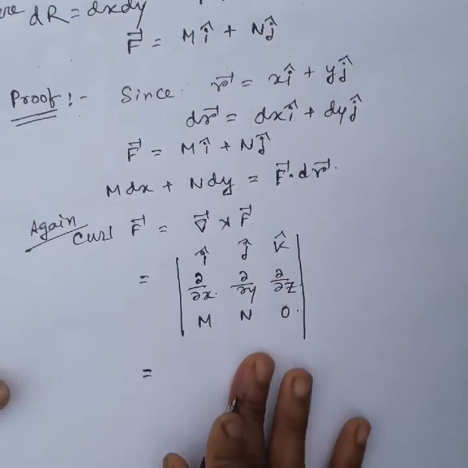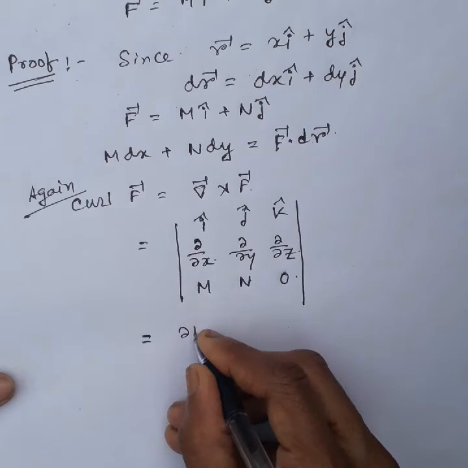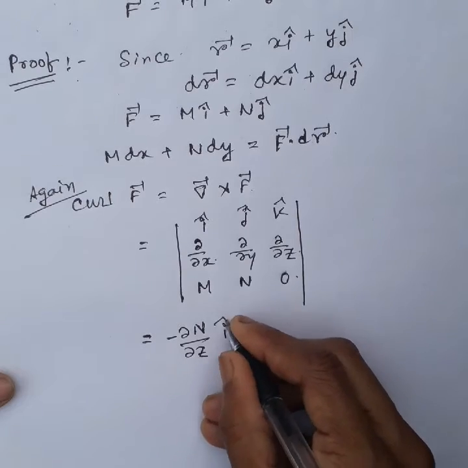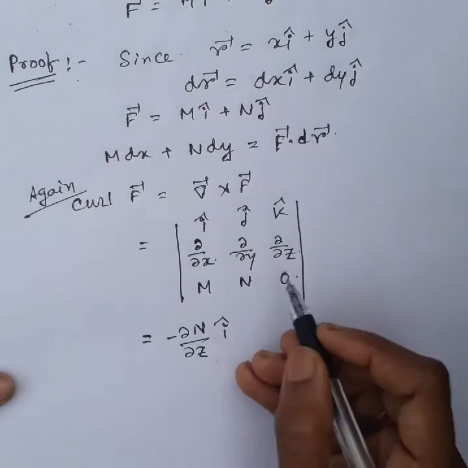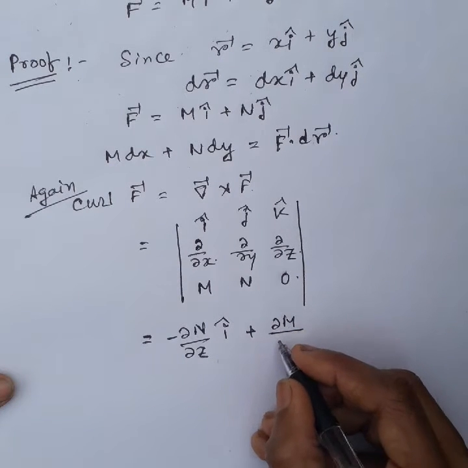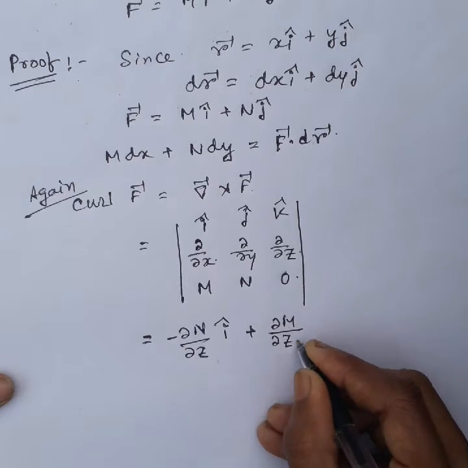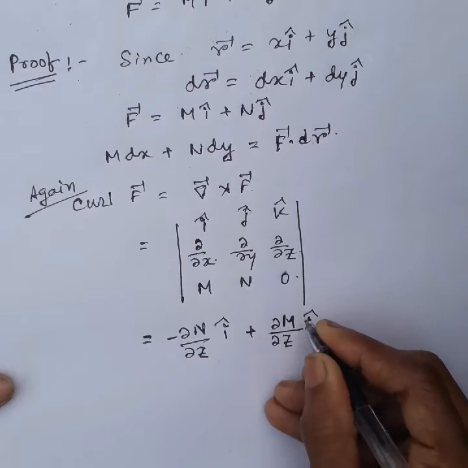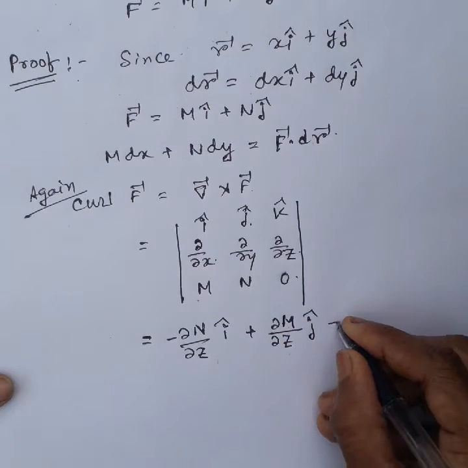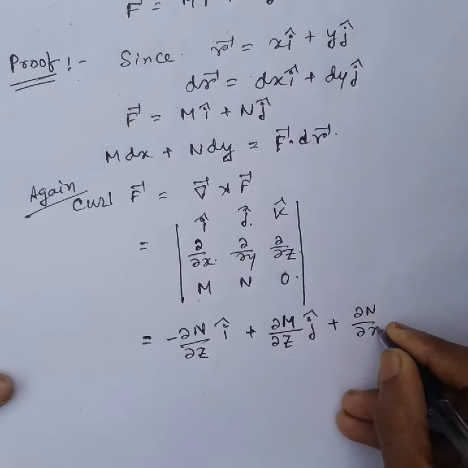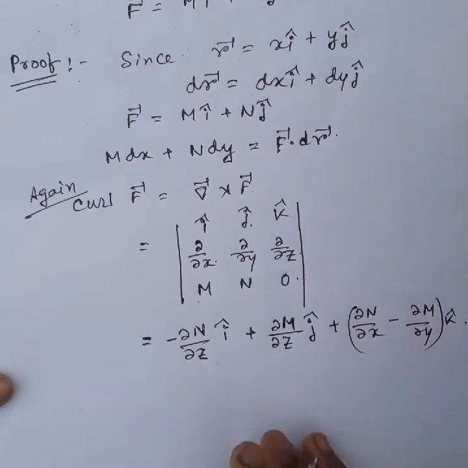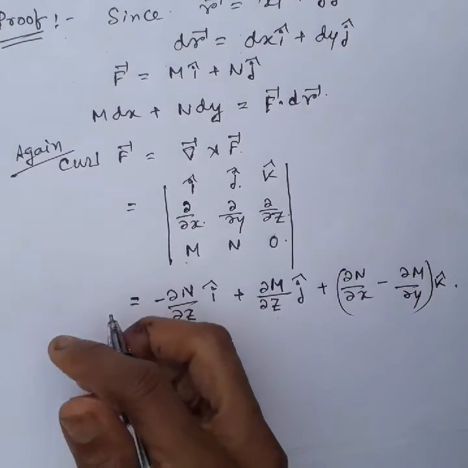So after calculating, this will be minus del N del z into i cap, plus del M del z into j cap, and plus del N del x minus del M del y into k cap.